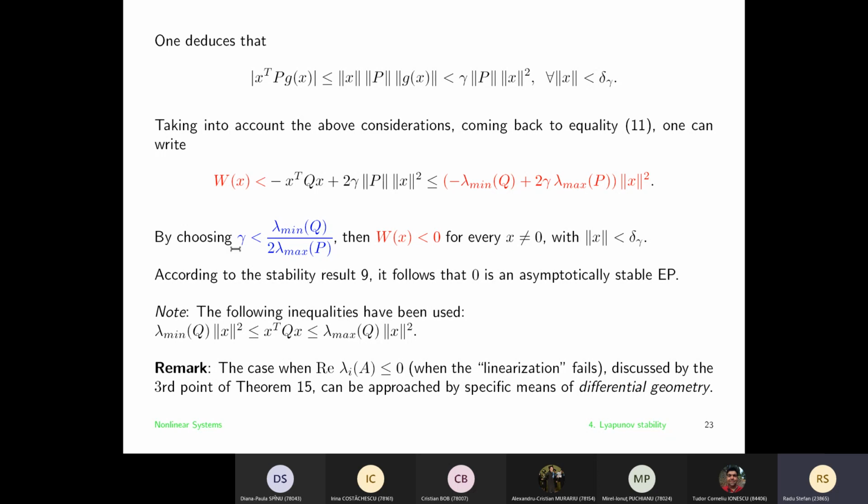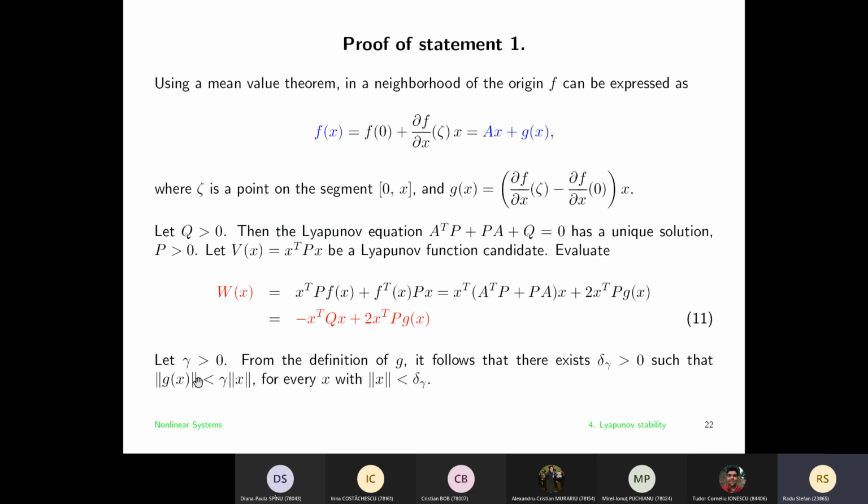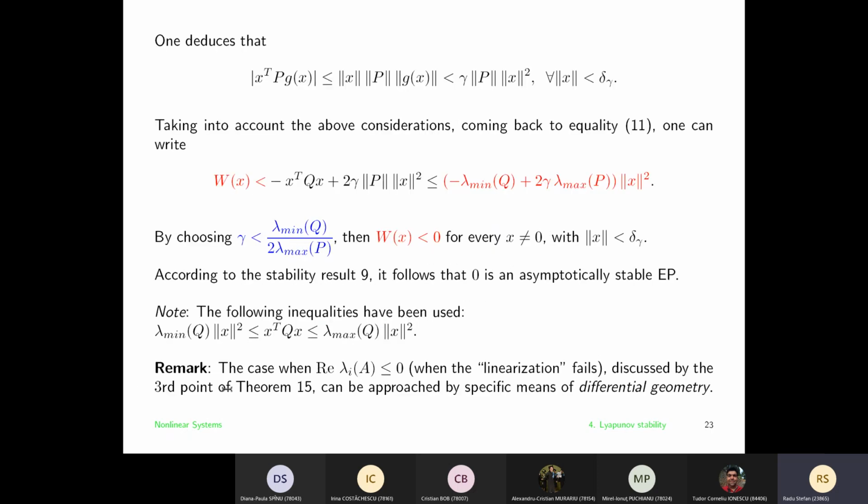And the only thing that we have now, what is our leverage here? It's gamma. I told you, we can go with gamma as low as necessary. We just want this inequality to hold, but it holds because of continuity of g. And then if I pick gamma small enough, it doesn't matter how great the minimum eigenvalue of Q is and how small the minimum eigenvalue of Q is and how large the maximum eigenvalue of P is.